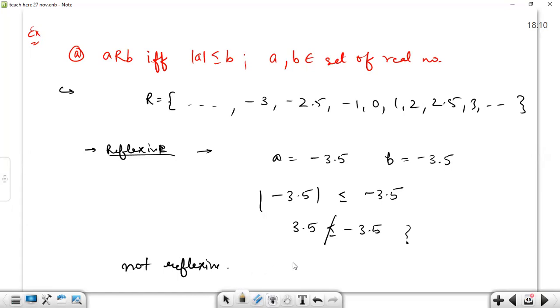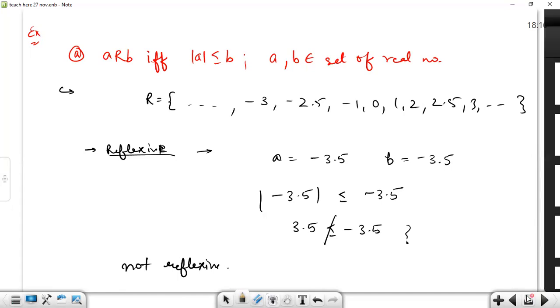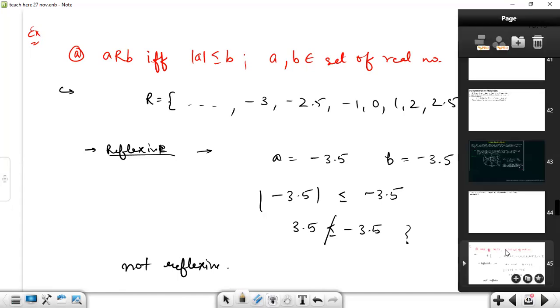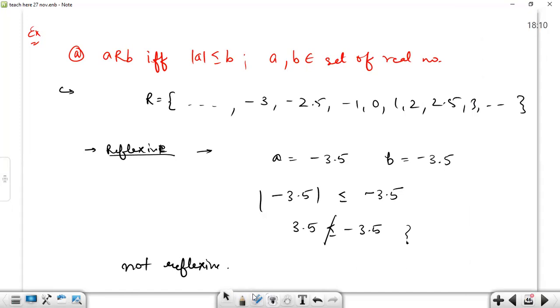Let's check the symmetry of the given relation.